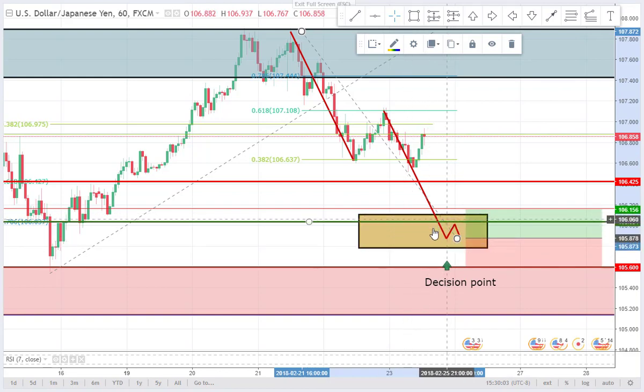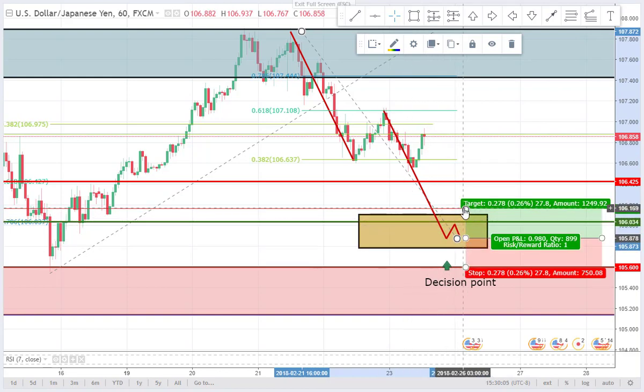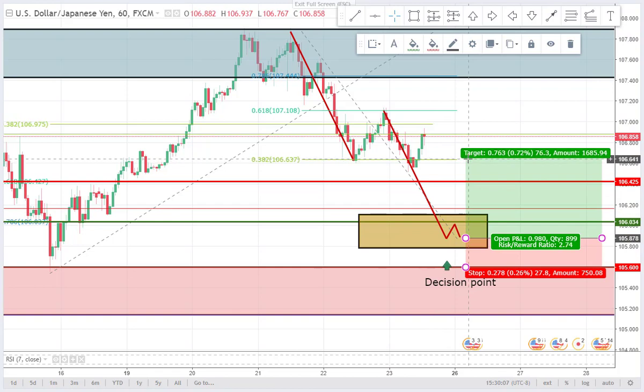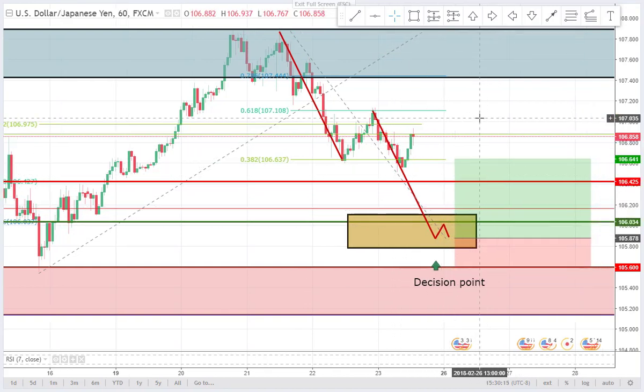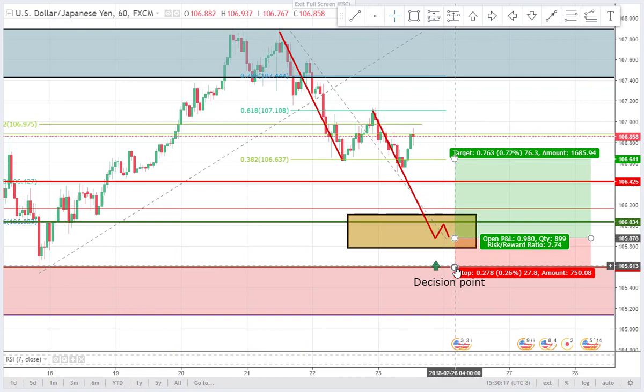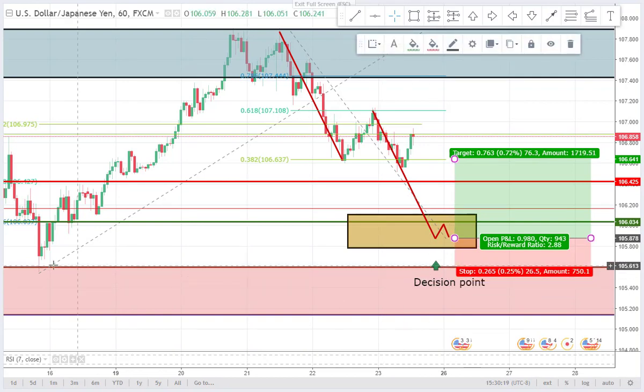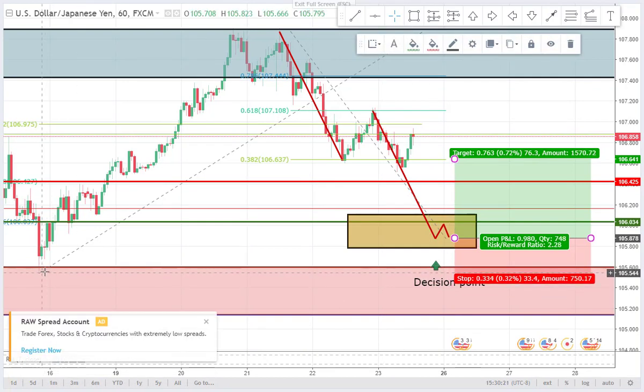So hypothetically, if I do get a retracement at this point, my first take profit will be where I get my 382. So where I get a 382 retracement, this is where I'm going to take my first take profit. And my stop loss would have to be a few pips just below this previous low. And this low is currently at 32 pips.